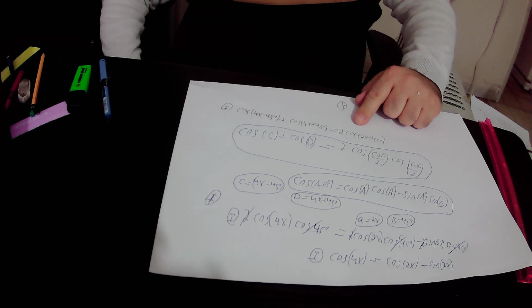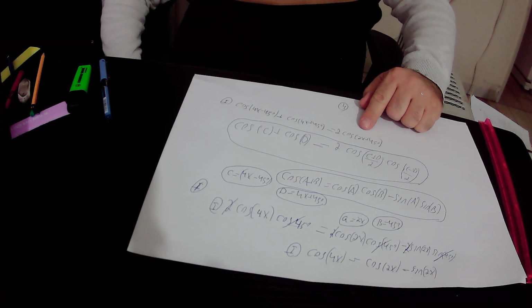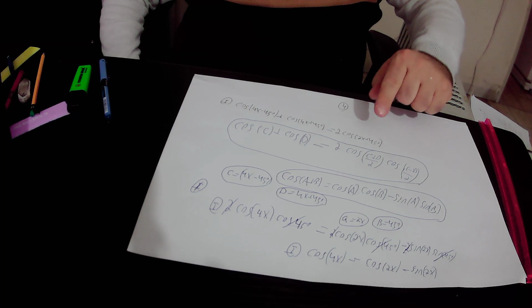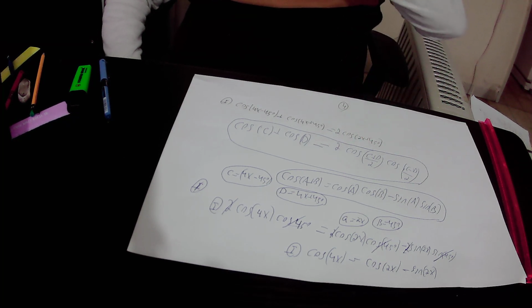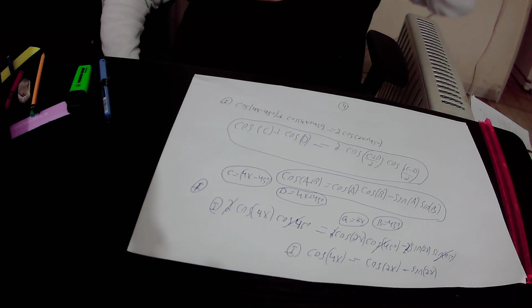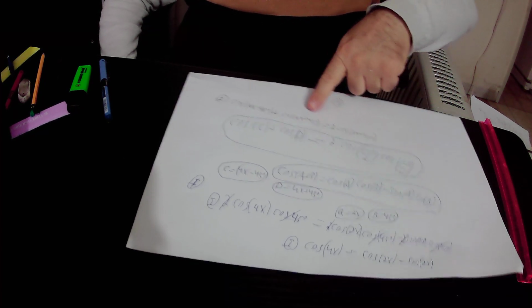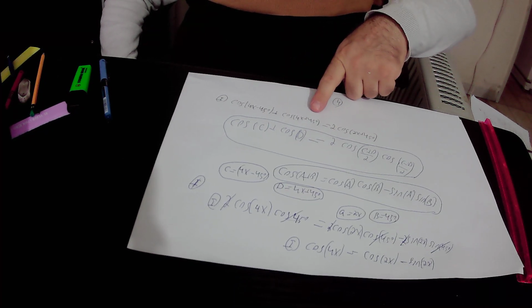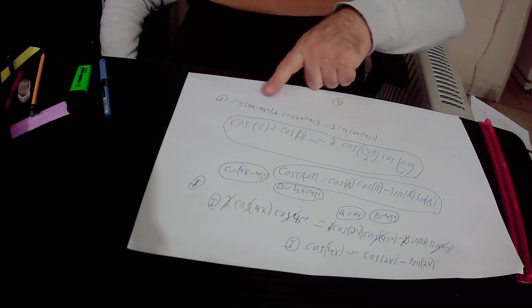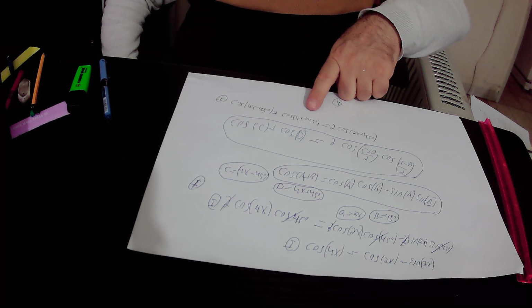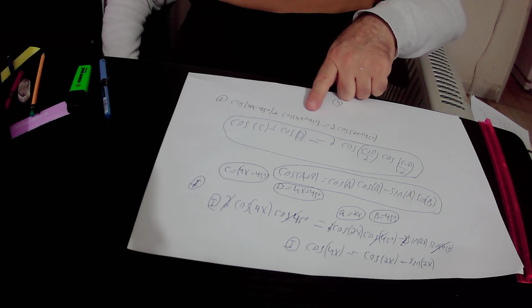And this expression, it is actually cosine a plus b, and cosine a plus b equals, according to this trigonometric identity, cosine a times cosine b minus sine a times sine b. Here c equals 4x minus 45 degrees, and d equals 4x plus 45 degrees.